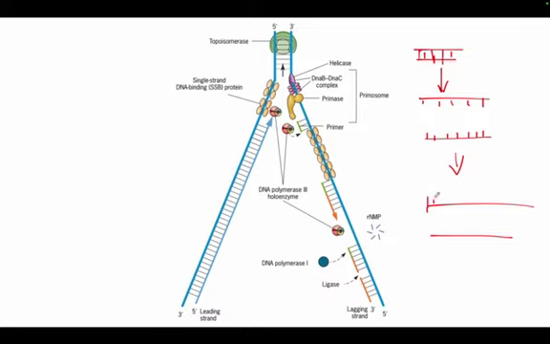Say this is one strand, and I want to synthesize an opposite strand. I need to add a primer here, so that the DNA polymerase can come and extend it. And once my primer is added, the DNA polymerase is going to come and add nucleotides according to the sequence of my template DNA.